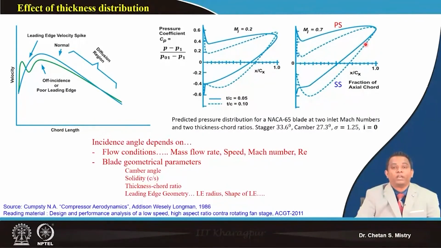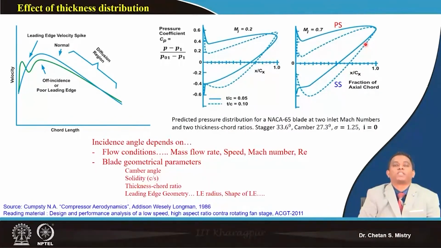So here we need to realize one thing. When we are doing our design, we do it based on the parameters we are expecting. From those parameters we can calculate different parameters, such as degree of reaction, diffusion factor, and different angles, and how they vary with the change of vortex configuration.